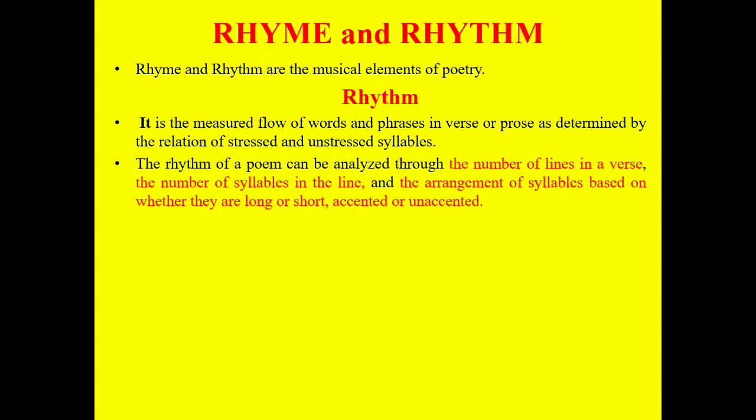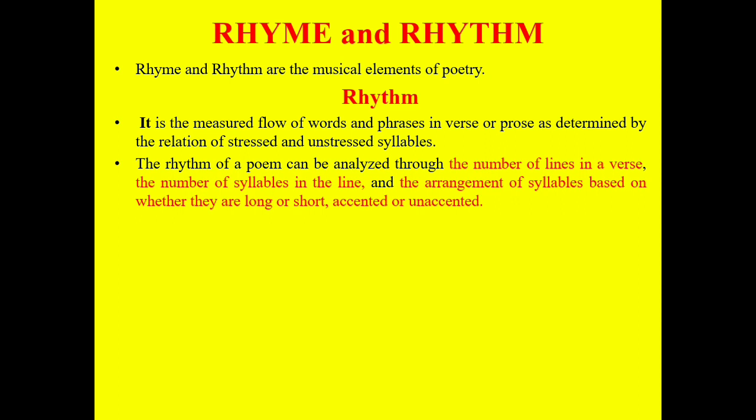In detail, the rhythm of a poem can be analyzed through the number of lines in a verse, the number of syllables in the line, and the arrangement of syllables based on whether they are long or short, accented or unaccented. You can also say stressed or unstressed syllables.